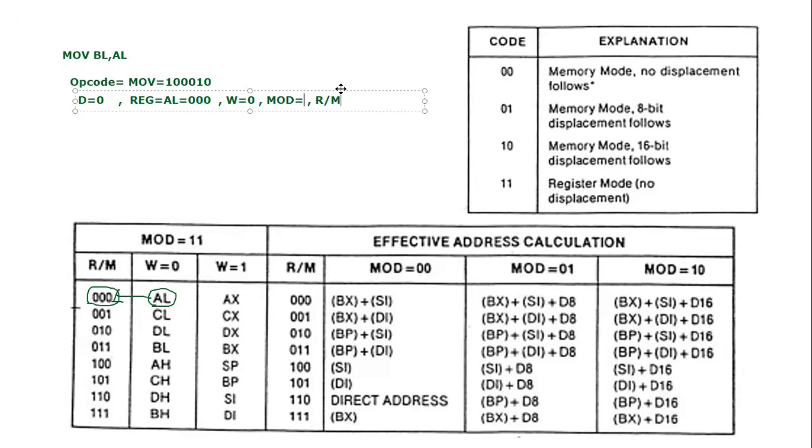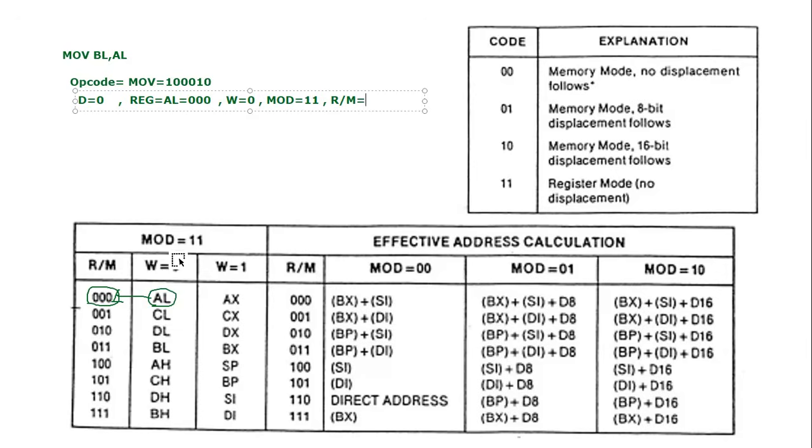It is not a memory mode. So this one, register mode, which is 11. Both of the operands are registers, so the mode will be 11. The other field, which is R/M, will also be considered a register.